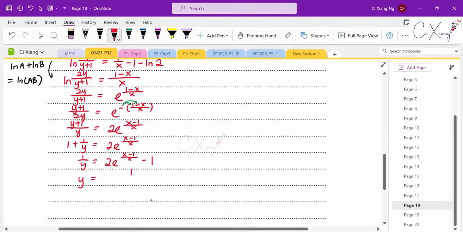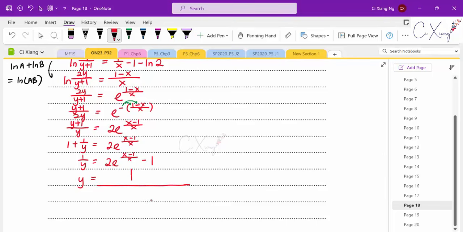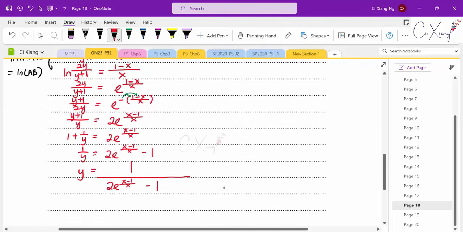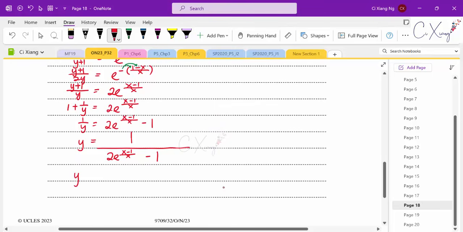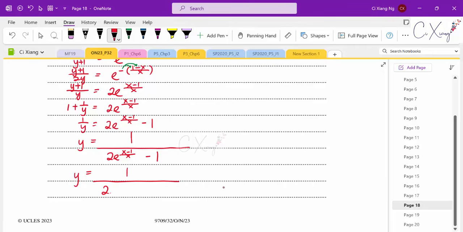So you're having y equals 1 divided by 2e to the power of x minus 1 over x, then minus 1. If you want, you can further simplify it by separating the power. So you're having 1 minus 1 over x, then minus 1 here.